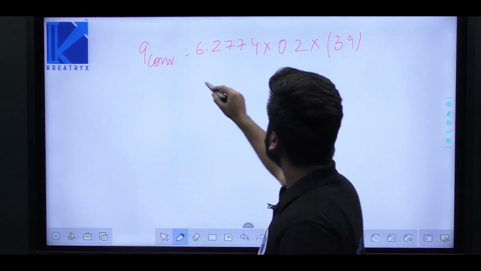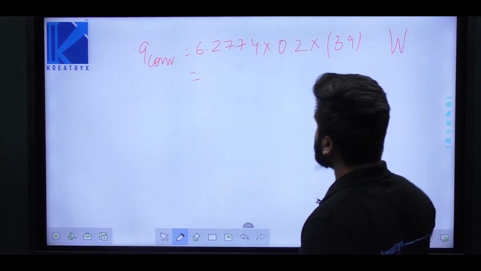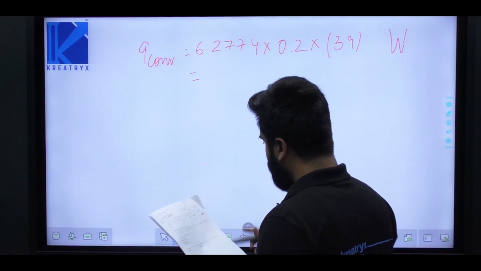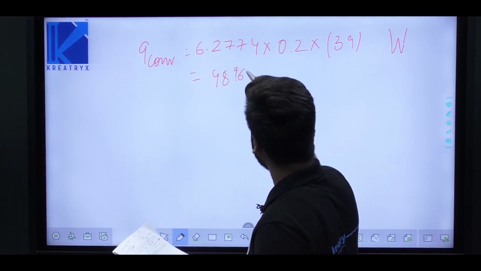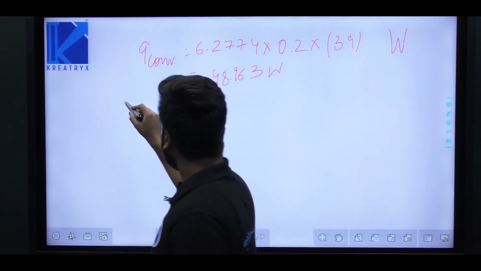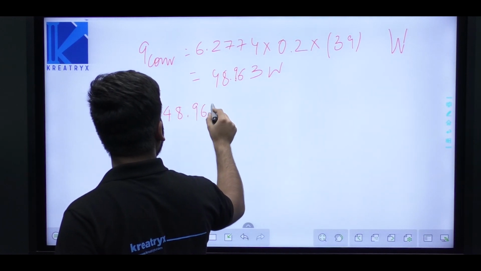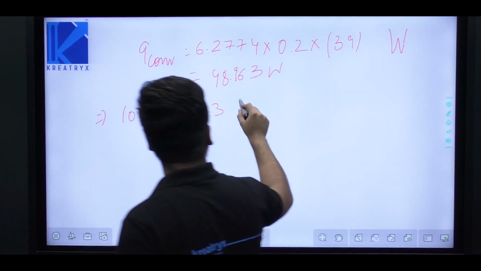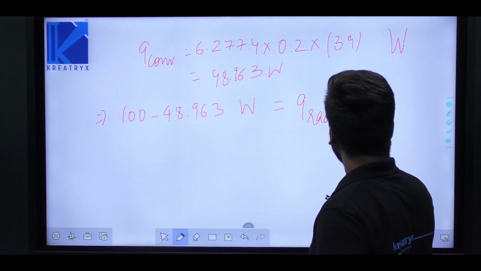This will be in watt, the heat transfer rate by convection. This answer is 48.9636 watt. That means 100 minus 48.963 watt of heat transfer is occurring by radiation.